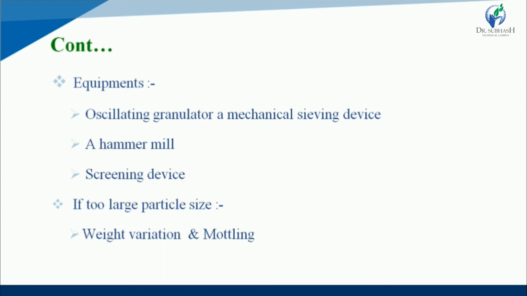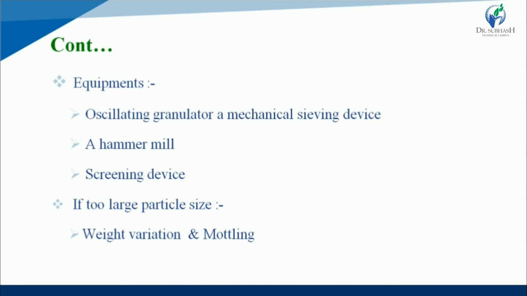If particle size is too large, it affects weight variation and produces mottling. So reduction in particle size is required. What is mottling?